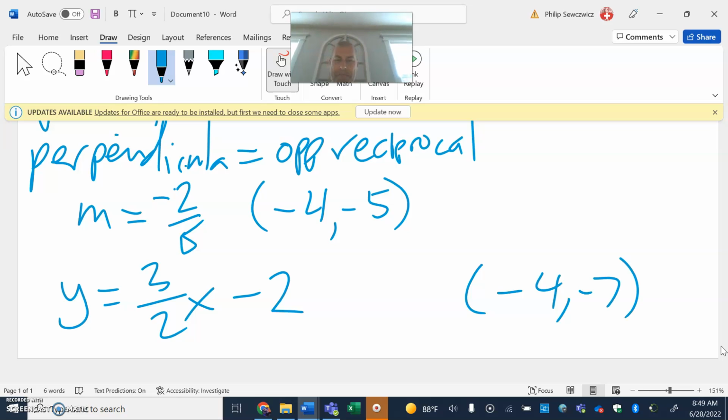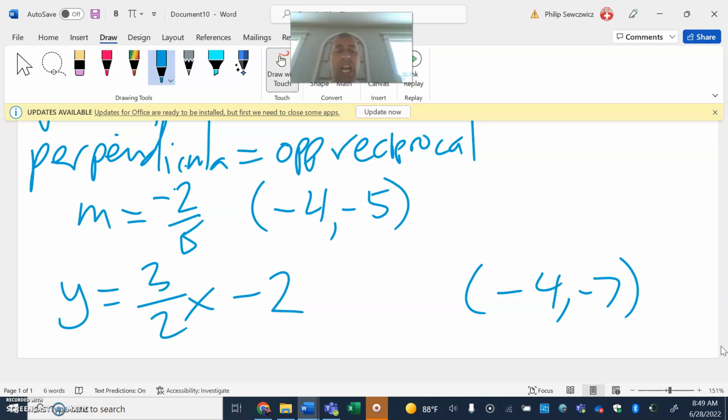Well, remember, point slope formula. I need a point, I need a slope. They gave me a point. Did they give me the slope? Well, kind of sort of they did. In my equation, there it is, 3/2. So now I would go through my point slope formula and I would use my 3/2.